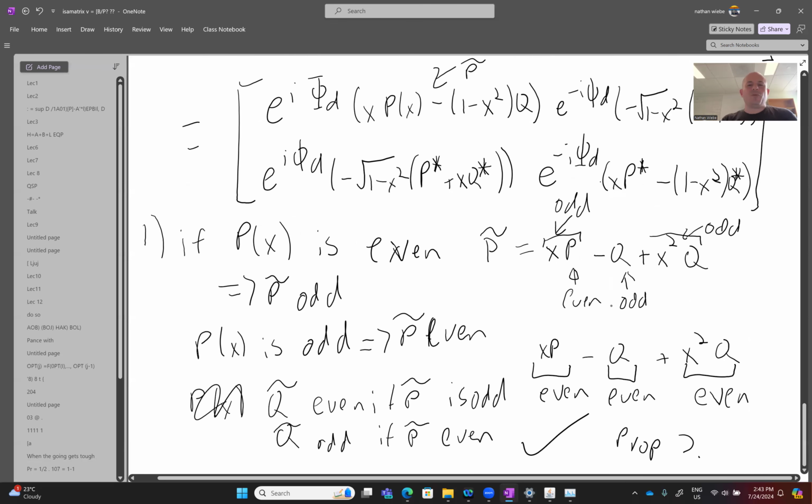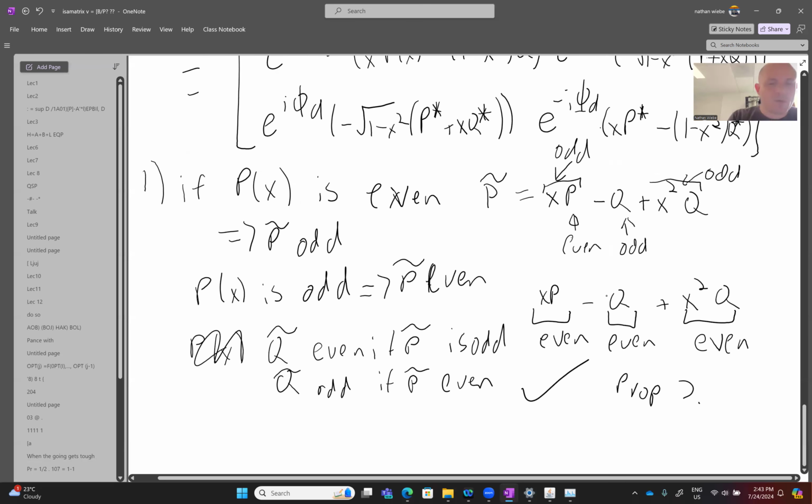Similarly, if we take a look at the degree of the polynomial, we end up seeing that the degree of p is by assumption less than or equal to d minus 1.